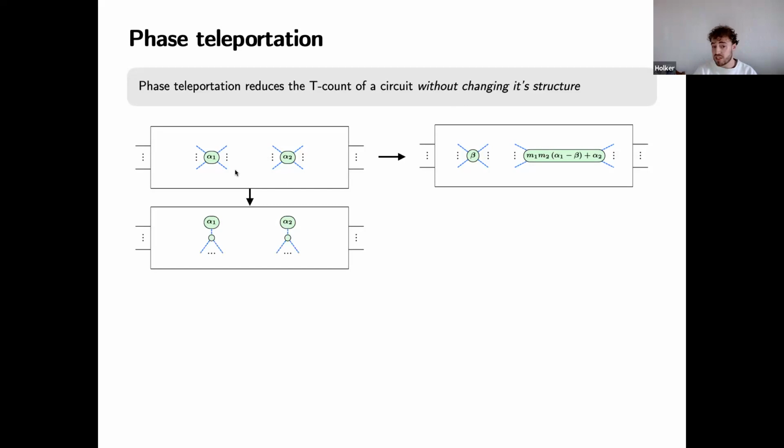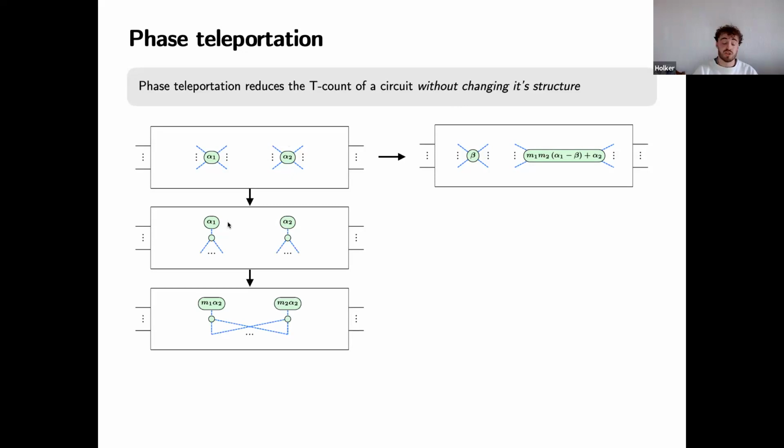So say for instance we take these two general phases, alpha 1 and alpha 2, which at some point in the circuit can become extracted into a phase gadget, and then if they become connected and maybe pick up a plus or minus sign, which we denote as M, a phase multiplier, which is just plus or minus 1.